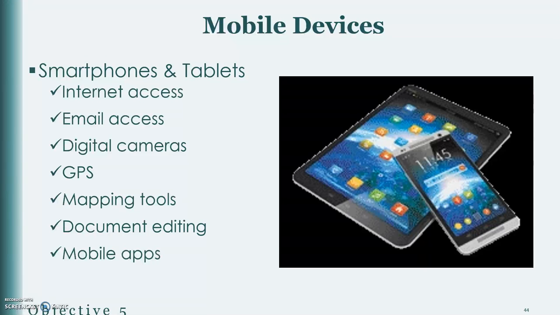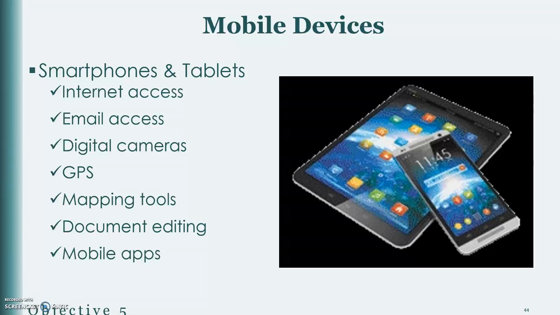Smartphones combine features like internet and email access, digital cameras, GPS, mapping tools, all kinds of different things. We can also use them now to edit documents, to access thousands, if not millions, of mobile apps, and also to play games, whether that's by yourself or with multiple participants via the cloud.